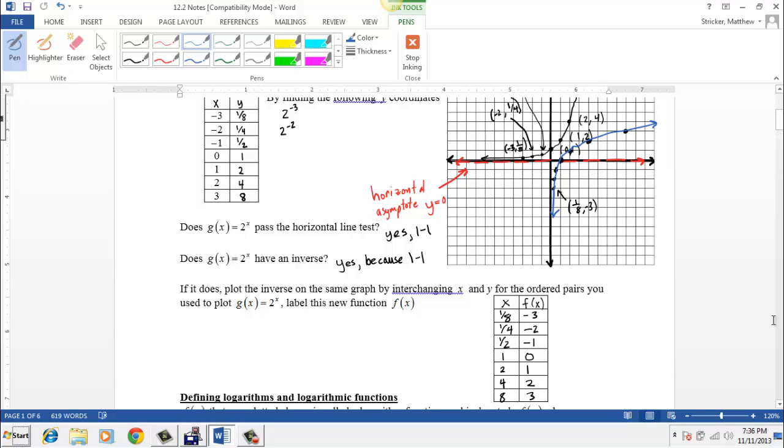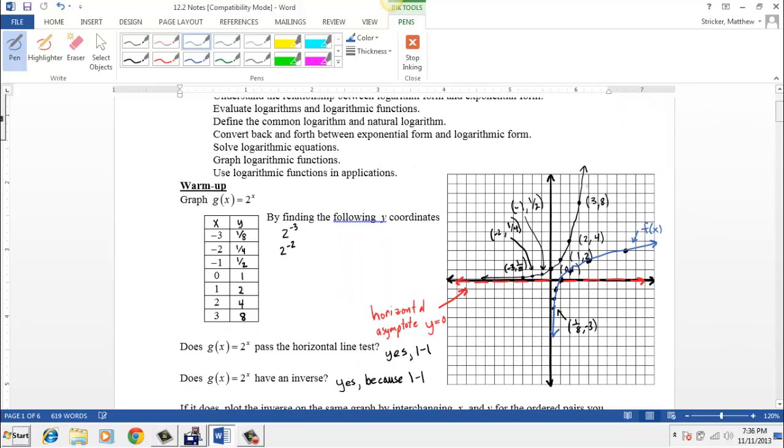We can see that this blue line here would be our new function f of x, where the old graph was our g of x. And now it appears that the graph, instead of getting really close to the x-axis, we now have what we call a vertical asymptote.